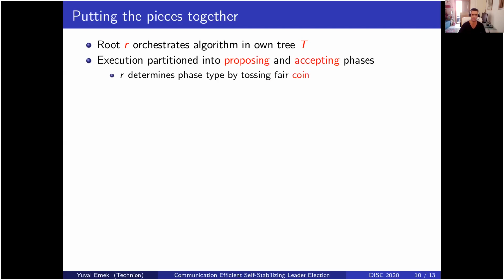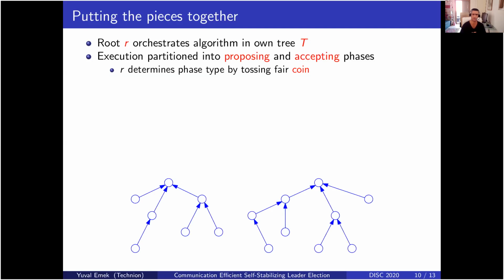And at the beginning of each phase, the root R determines the phase type by tossing a fair coin. Now, in order to see how those phases work exactly, let's consider the following illustration. We have here two trees. Let's assume that the left tree runs a proposing phase and the right tree runs an accepting phase.